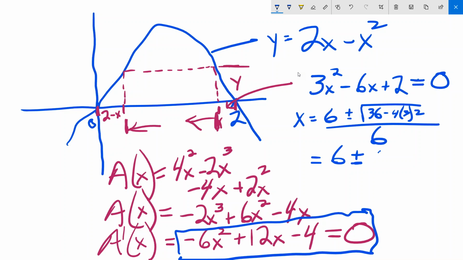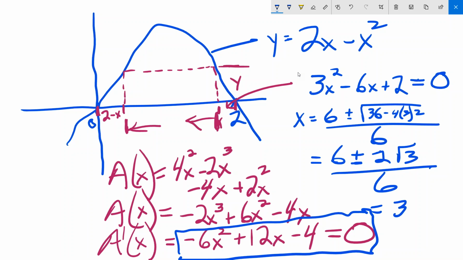Okay, let me go back a second. That's 36 minus 24, right? Yes, sir. So it's root 12, and root 12 is actually 2 root 3. So there's my answer, and I can simplify it, but not to 1 plus or minus root 3 over 3. Let's simplify it by dividing top and bottom by 2.